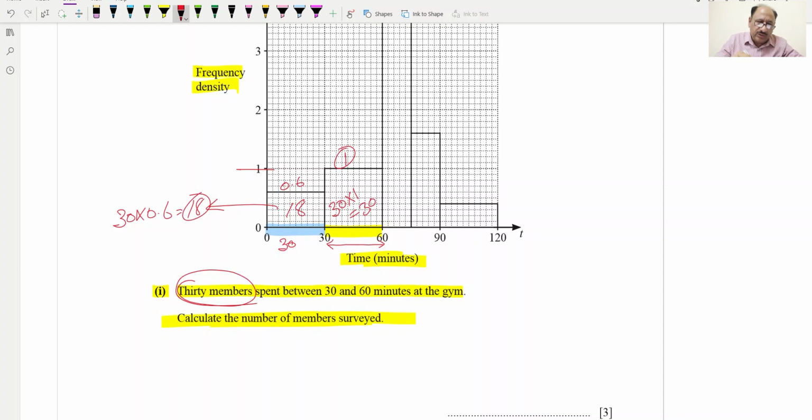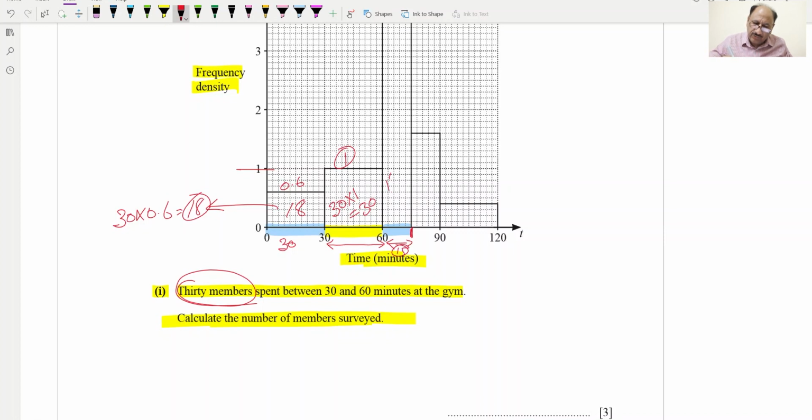And now we can check for this one. Up to this is the mid of 30 and 60 and 90, so it will be 75. So we can take it as 15, so this width will be 15.